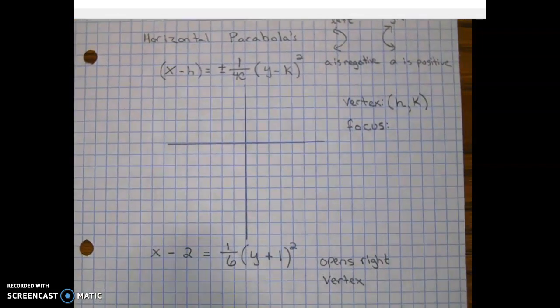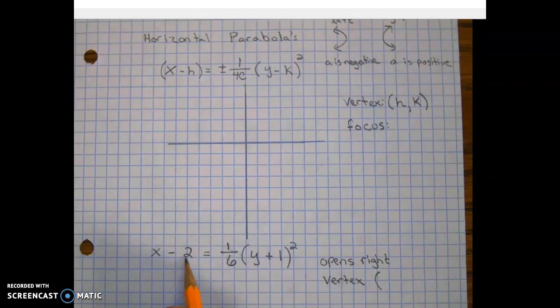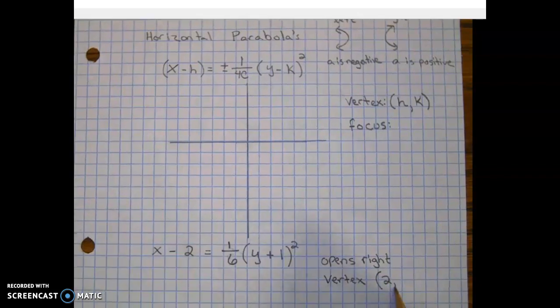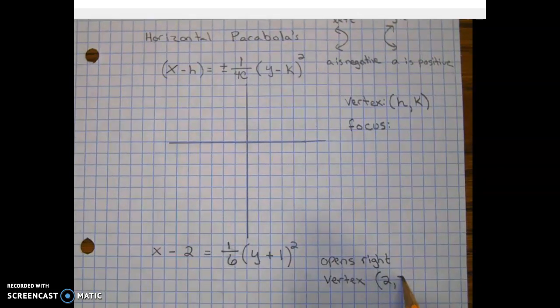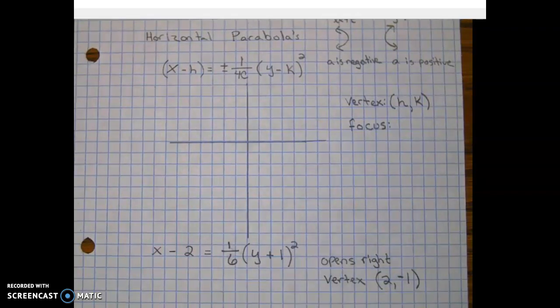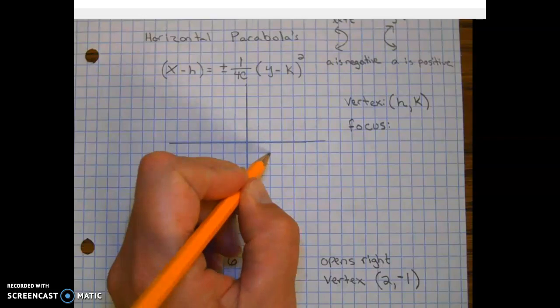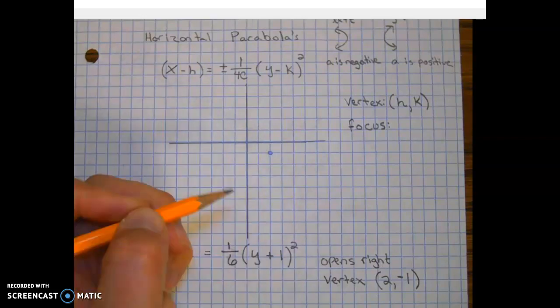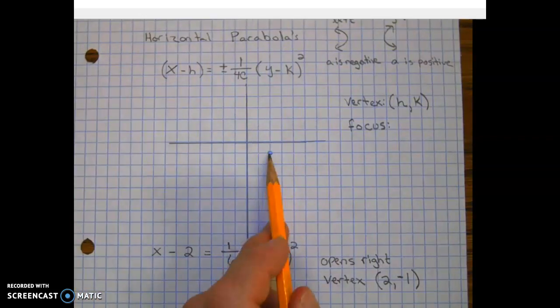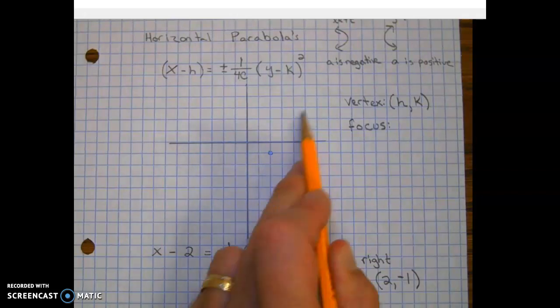Our vertex is going to be 2, comma, negative 1. So let's go ahead and plot our vertex, 2, comma, negative 1. Now we know that this parabola is going to be opening to the right.